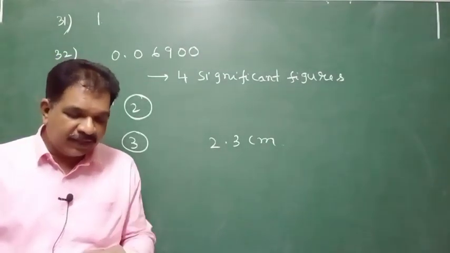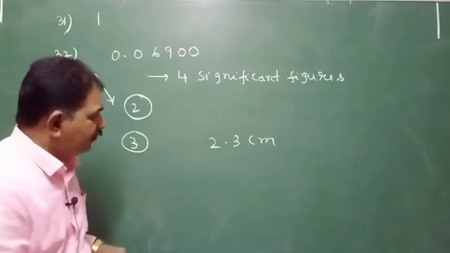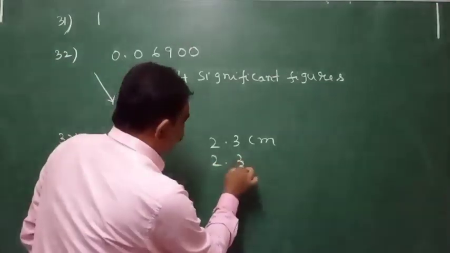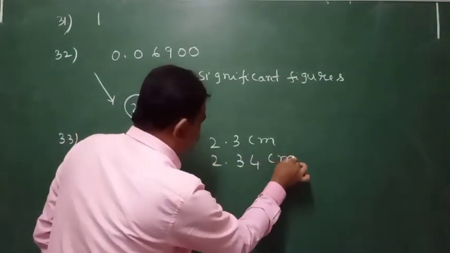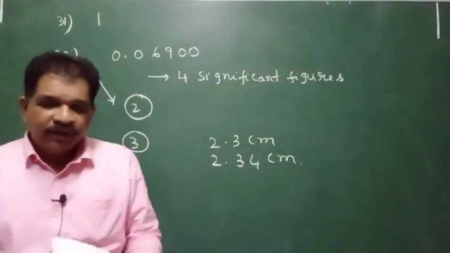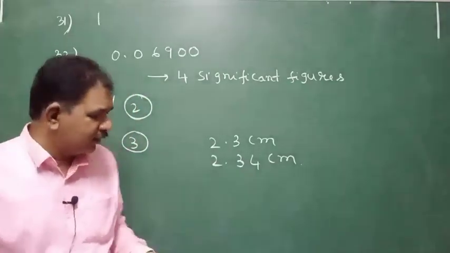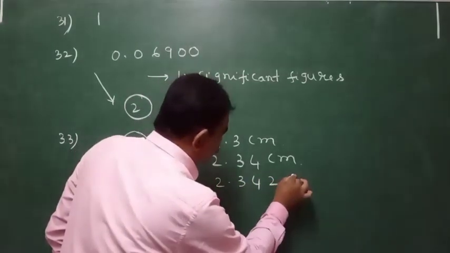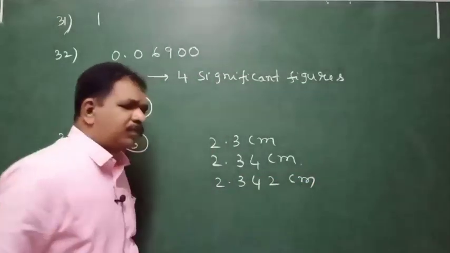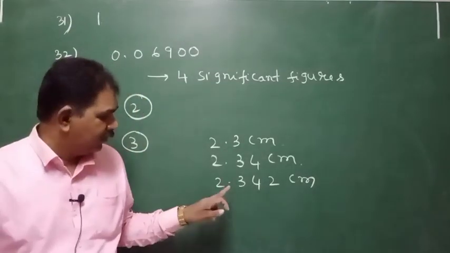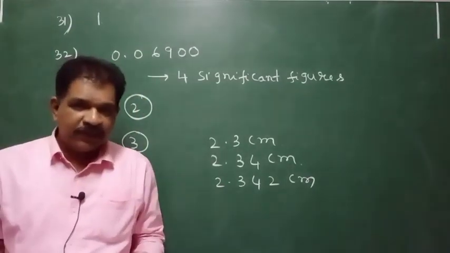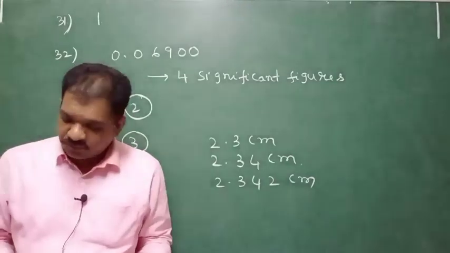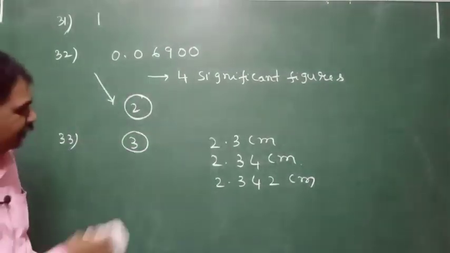If we measure with the vernier calipers, it will come 2.34 centimeter. If you measure with the screw gauge, it will come 2.34 and one more digit will come. So most precise device will be this screw gauge. Clear understanding?